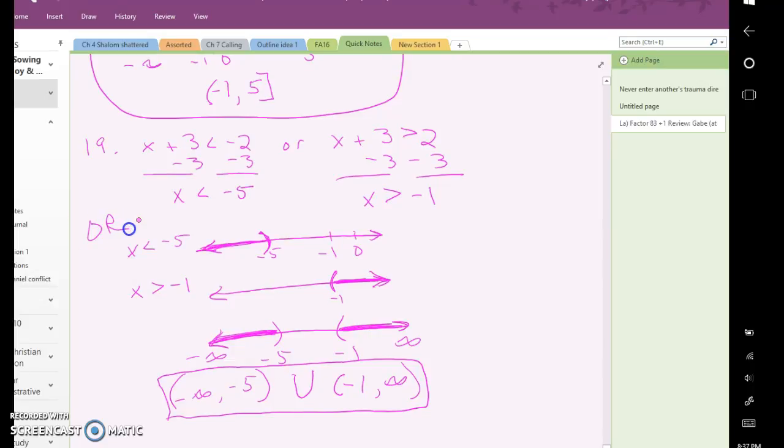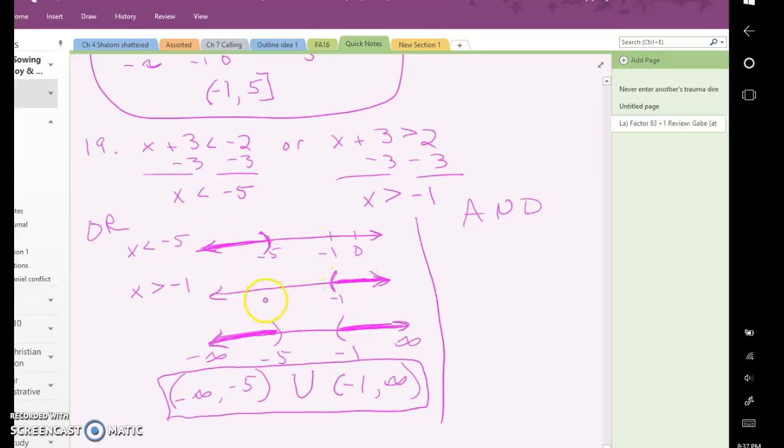Okay, so that's or. If it had been and, then we would look on this graph here. Our answer would have to be on this graph and on this graph. And if you line these up, you see that the areas that have shading on both graphs don't exist.